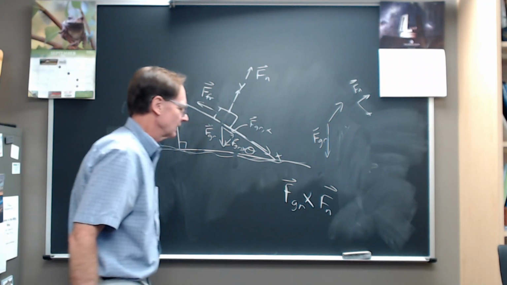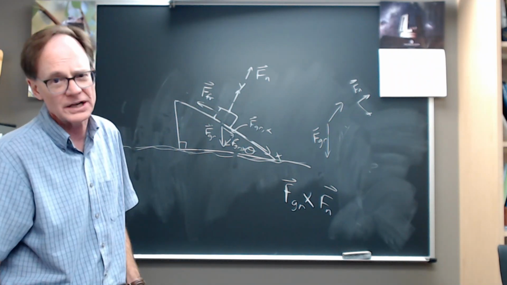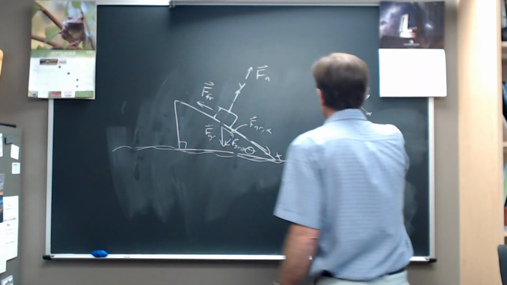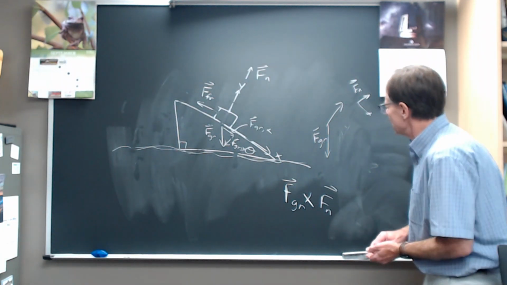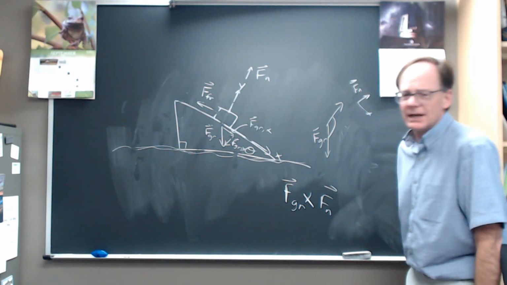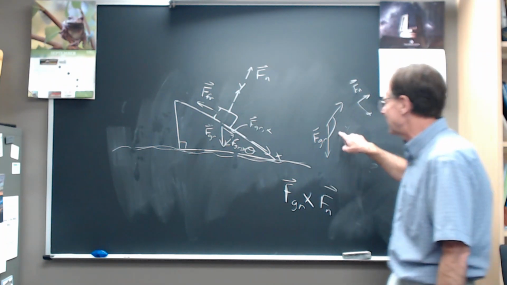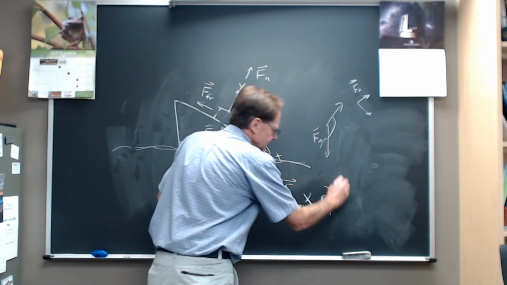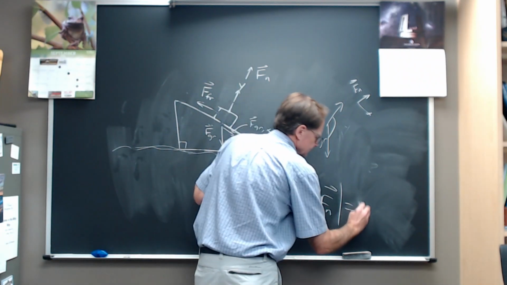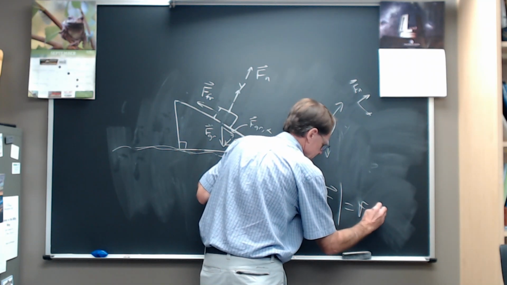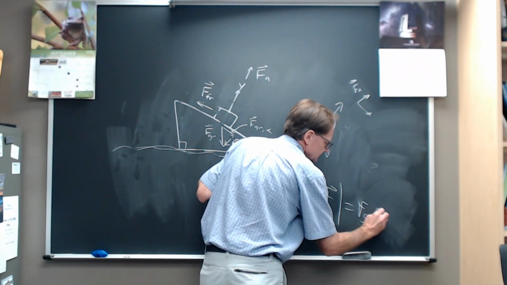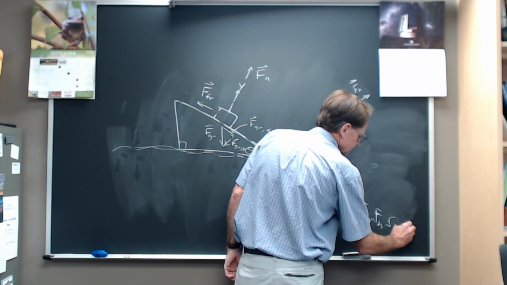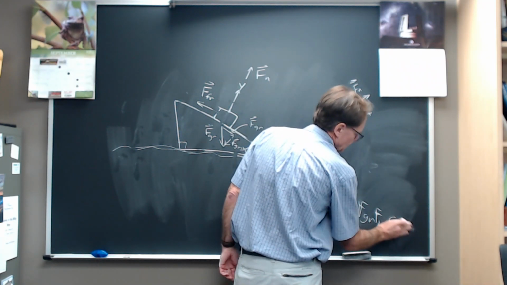This direction. So let's do F gravitational cross F normal. And to do that, the way we draw this is we would say, oh, we need that angle right there. We need to take the sine, the magnitude of that force is going to be... we're not going to call that theta.